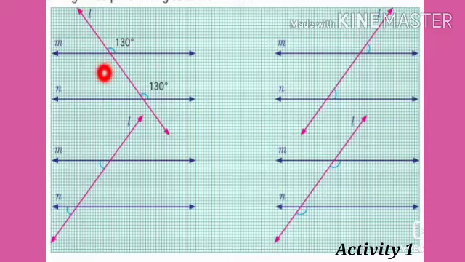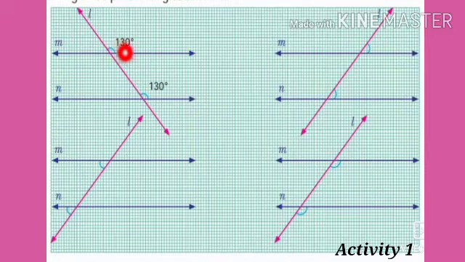And what about this angle? This angle also measures 50 degree, because these angles are linear pair of angles. So 130 degree plus x degree is equal to 180 degree, which gives x degree as 50 degree.